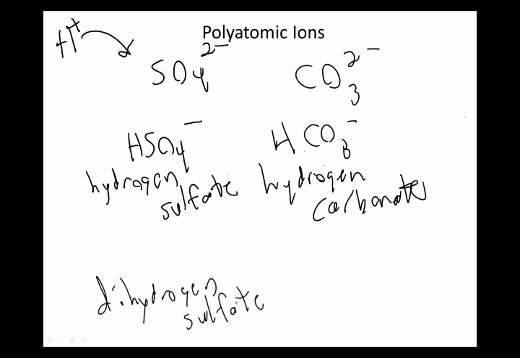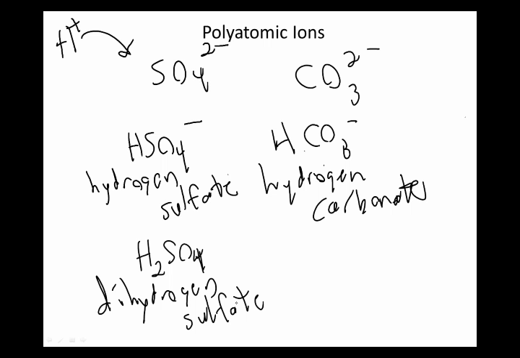The formula for a hypothetical dihydrogen sulfate would be H2SO4. What would the charge be? It would be neutral. So therefore, why is it not on your list? Because it's not a polyatomic ion. It's not an ion at all. If it becomes neutral, it's out of the ion category.